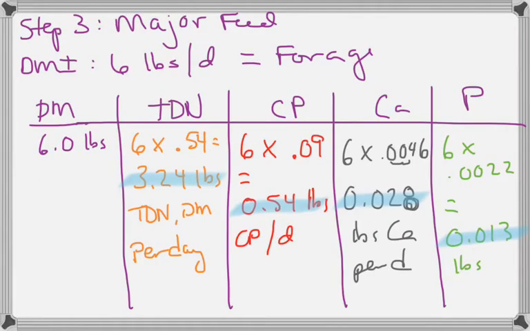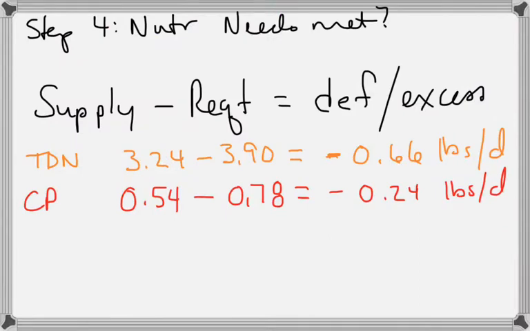So if we take a look at our calcium requirement and our phosphorus requirement, we'll do the same thing. For calcium, our supply was 0.028 from the previous slide, and that animal requires 0.030.